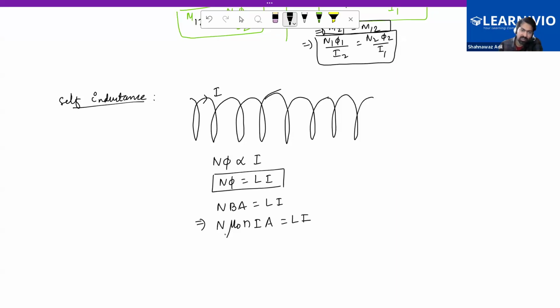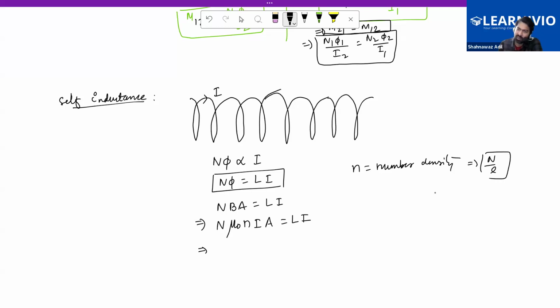We also know what this n is. Small n is the number density, and we can write number density as N by l.